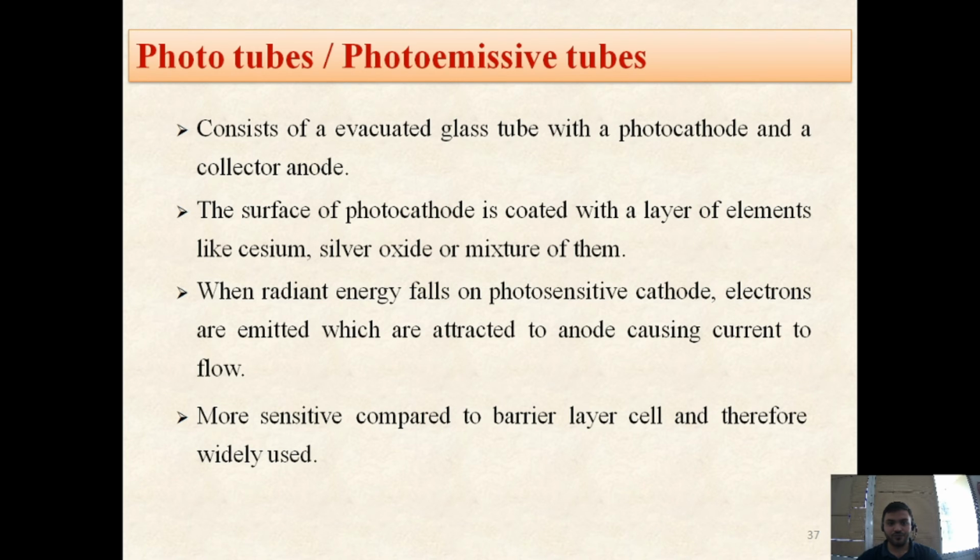The surface of the photocathode is coated with a layer of an element like cesium and silver oxide or a mix of them. When radiation energy falls on the photosensitive cathode, electrons are emitted which are attracted to the anode, causing current to flow. It is more sensitive compared to the barrier layer cell and therefore widely used.